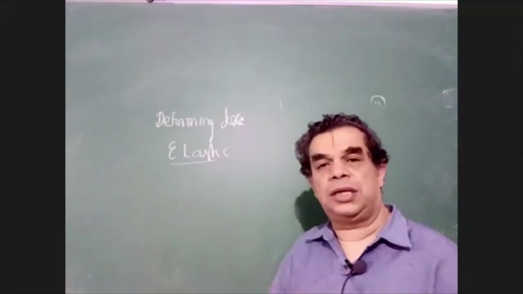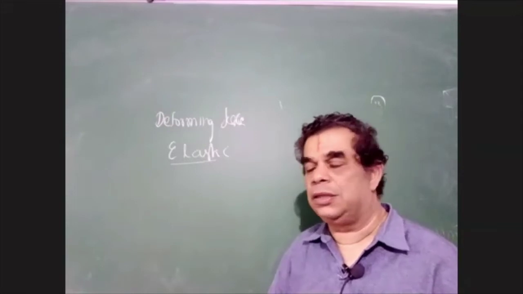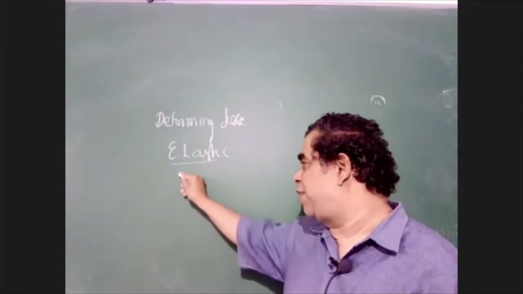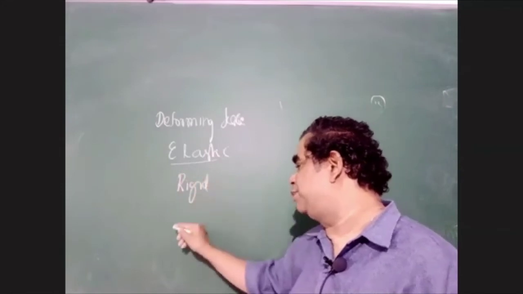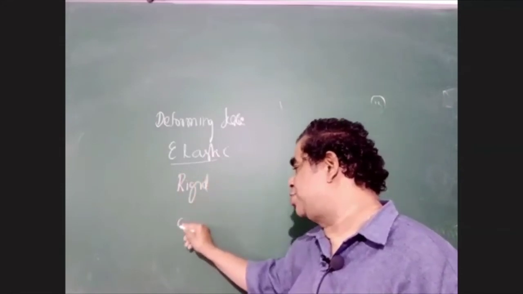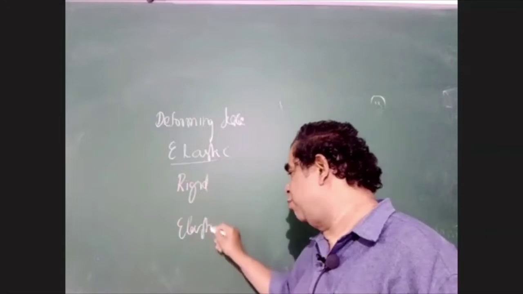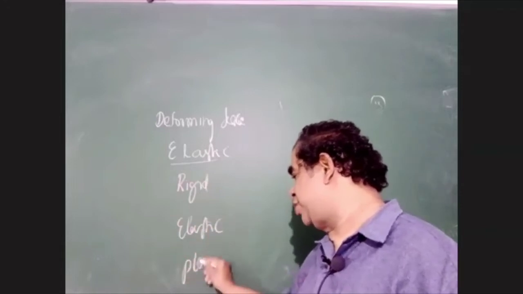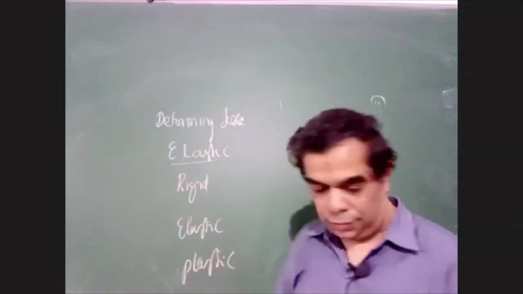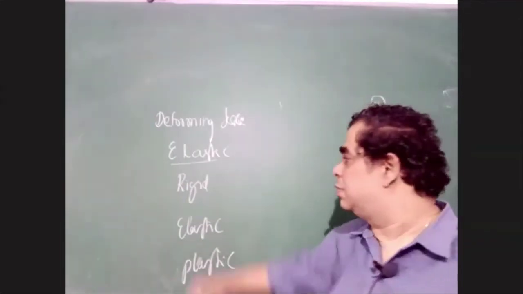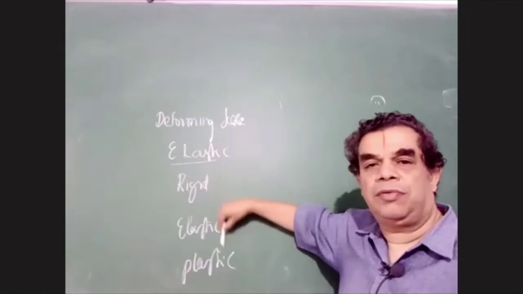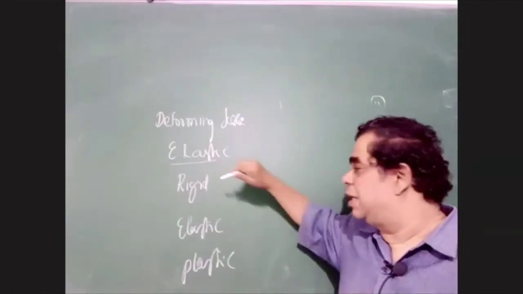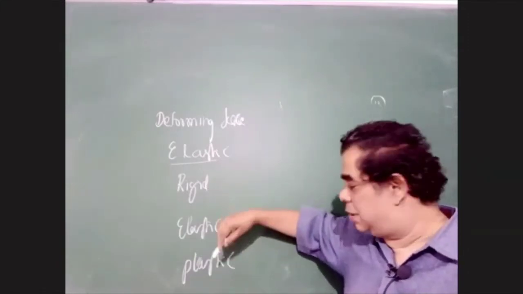In this world, we can classify solids into groups: rigid and elastic, and one more, plastic. Three terms. All solids come under one of the three categories: rigid, elastic, plastic.